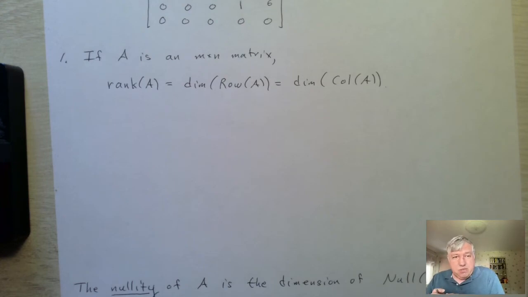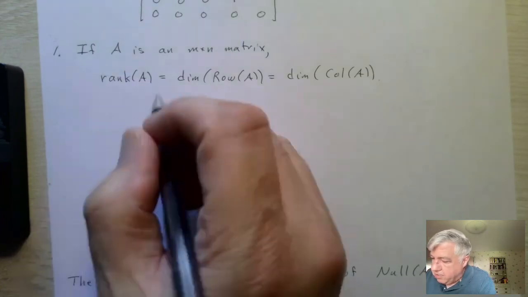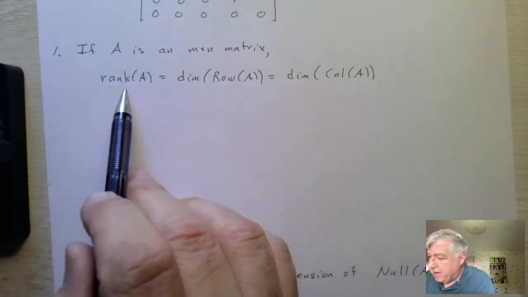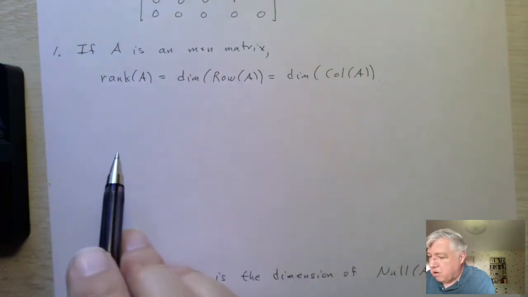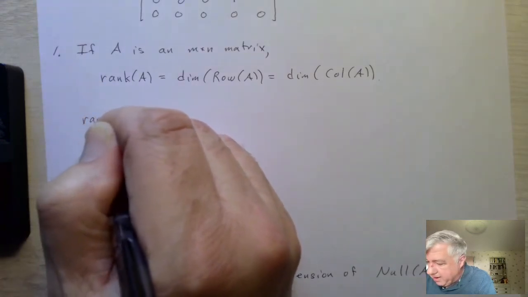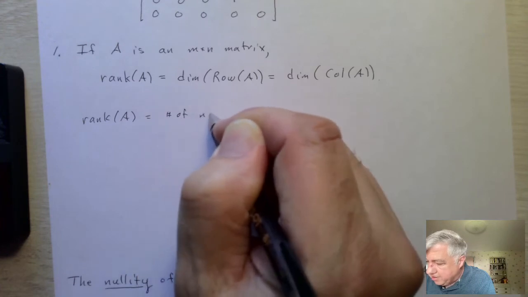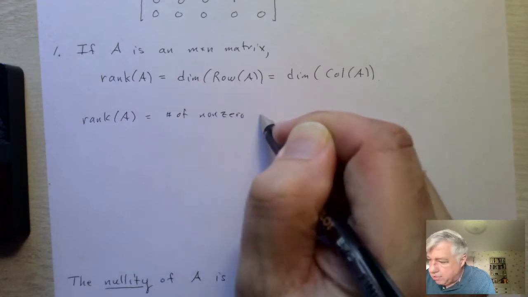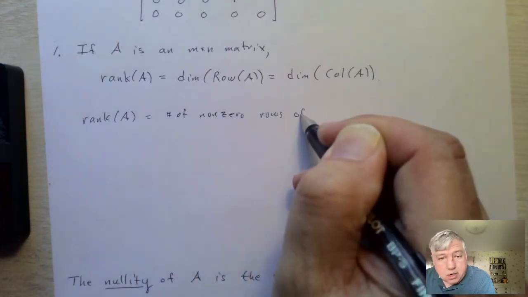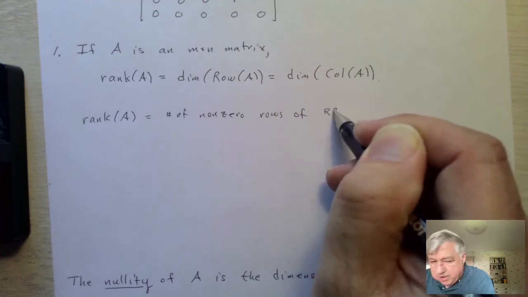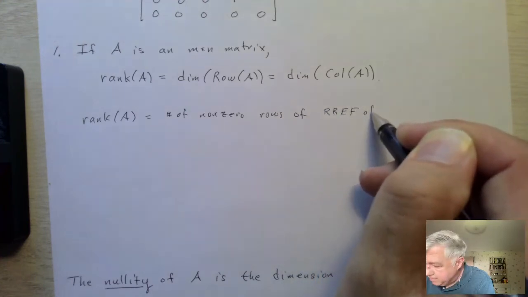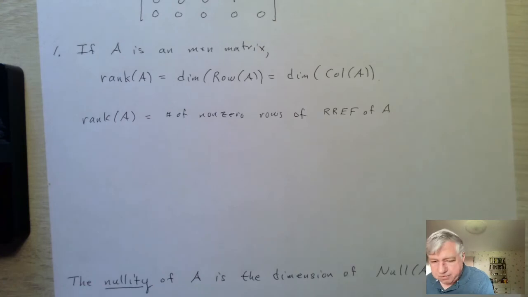Remember, we defined the rank as the number of non-zero rows of the reduced row echelon form. So let's think about why these three quantities are all equal. It's because the rank of A is equal to the number of non-zero rows of its reduced row echelon form. Okay, that's the definition of the rank.